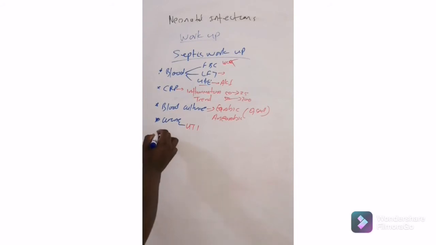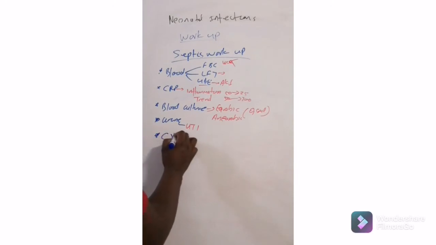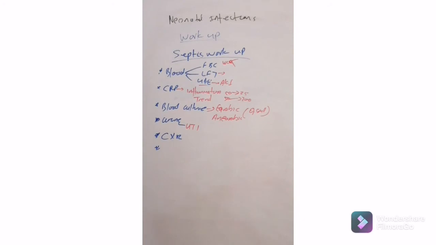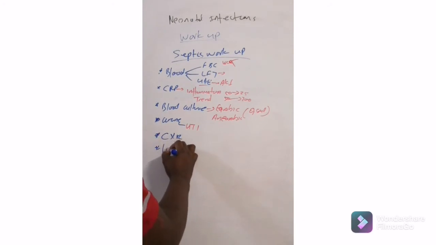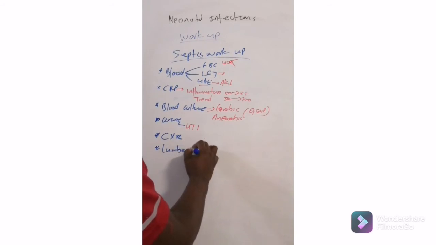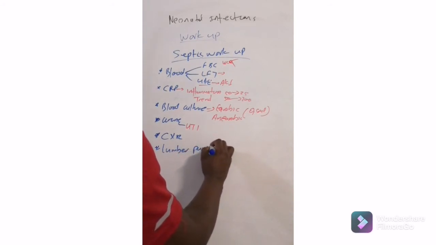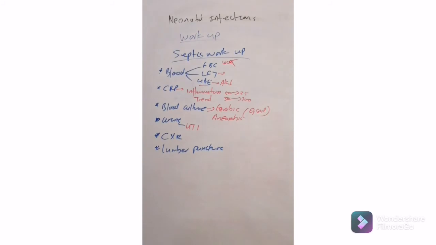So this is what the septic workup is, né? And then you do a chest x-ray, check for lung involvement, and then also you do a lumbar puncture, check for meningitis there.